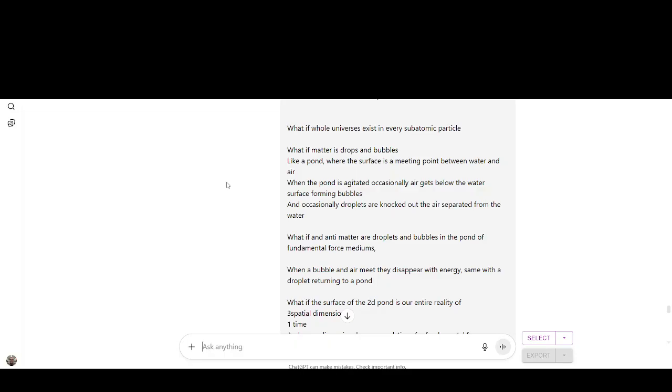What if matter and antimatter are droplets and bubbles in the pond of fundamental force mediums? And then the pond would not be exactly space-time like we understand it.